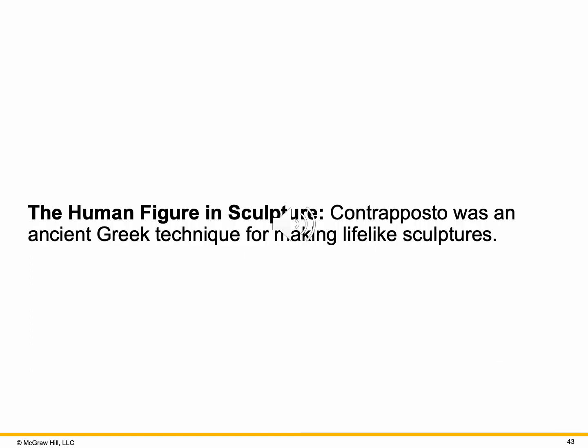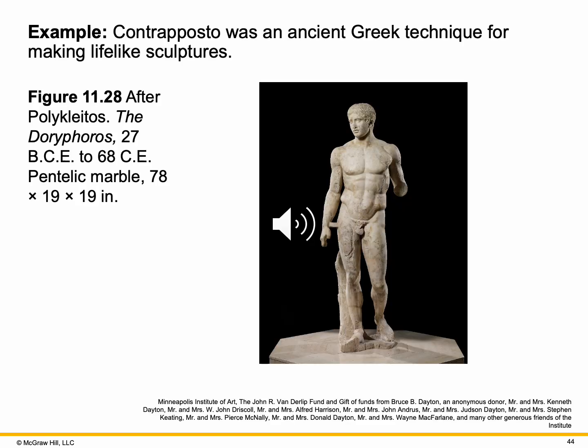The human figure in sculpture. Contrapposto was an ancient Greek technique for making lifelike sculptures. The ancient Greeks cultivated the body through gymnastics and sport and admired their athletes greatly. The Olympics, after all, were a Greek invention. Not surprisingly, perhaps, they came to believe that the body itself was beautiful.